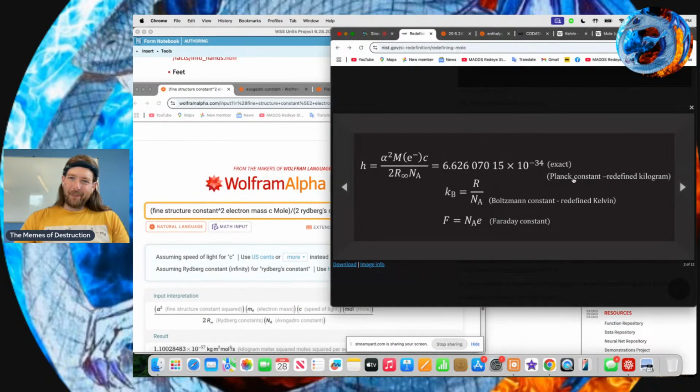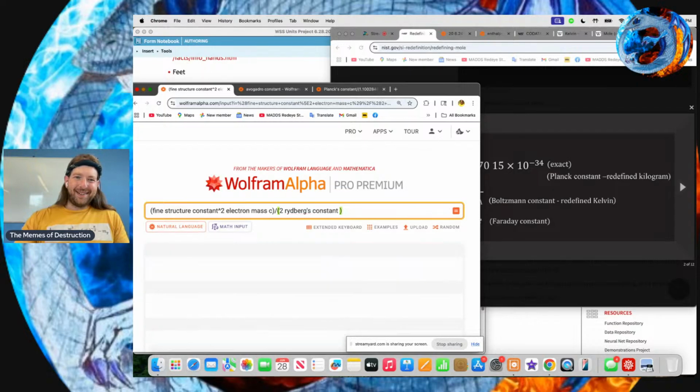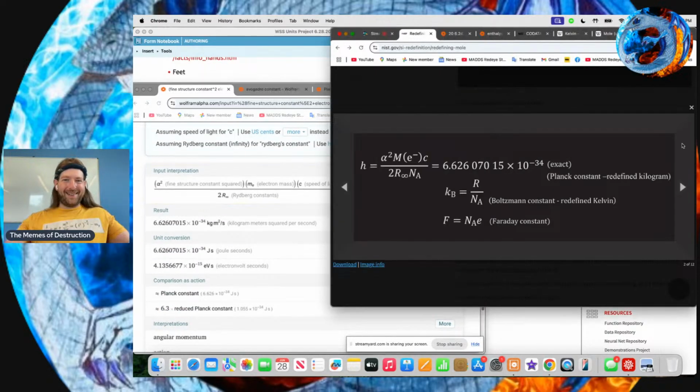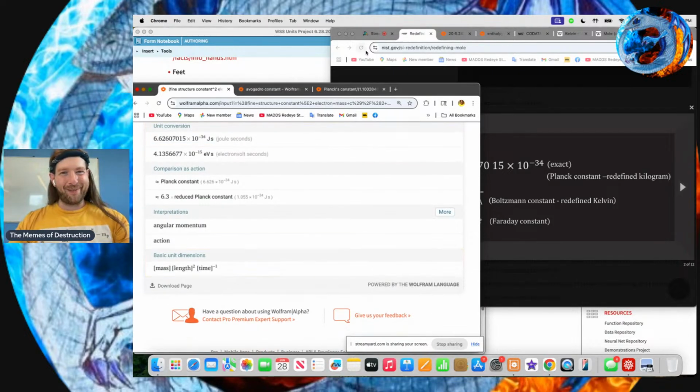Okay. I'm seeing the proportionality, but I don't really understand. Because if we just take the mole out, take out Avogadro's constant, it's giving us Planck's constant. Like, that's it. Those are just reference ones. Okay, maybe that makes sense, because I'm making a big deal about reference ones.